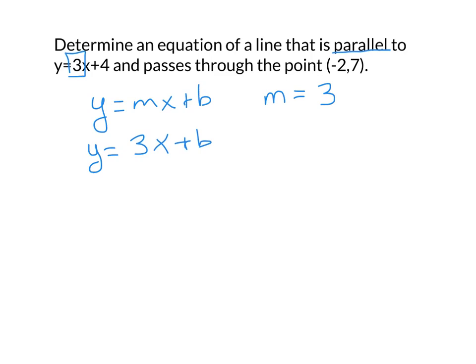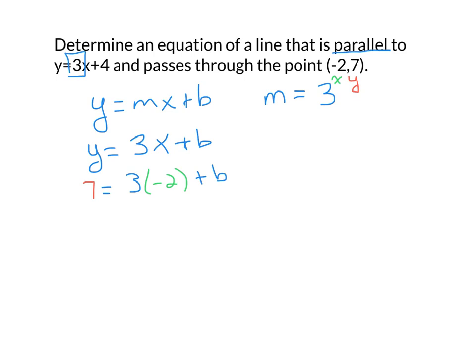Now, we are given a point here, -2, 7. -2 is going to represent x, and 7 is going to represent y. So we're going to replace those values. 7 equals 3 times -2 plus b.